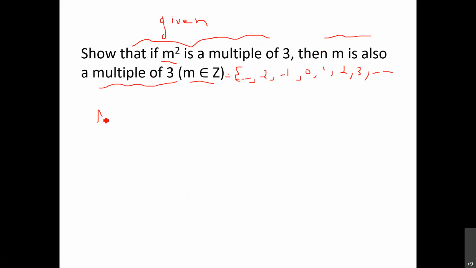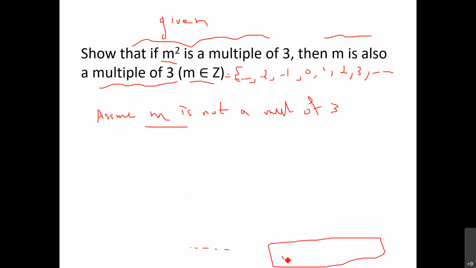Well, if we assume that m is not a multiple of 3, and we reach some sort of contradiction with our given, then we solved it. So we assume that m is not a multiple of 3, and at the end, hopefully we'll reach that m squared is also not a multiple of 3.